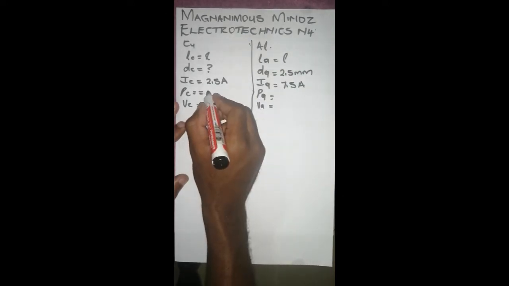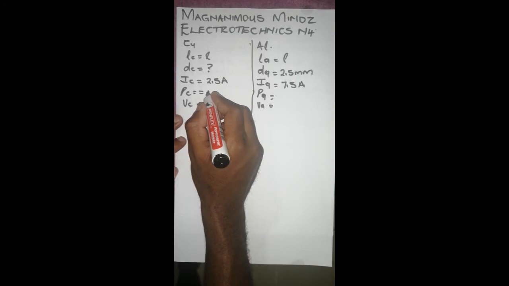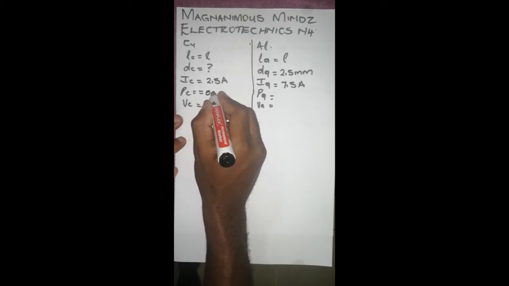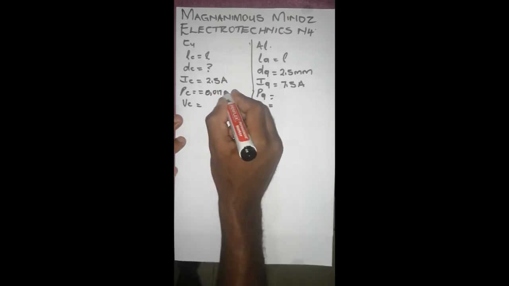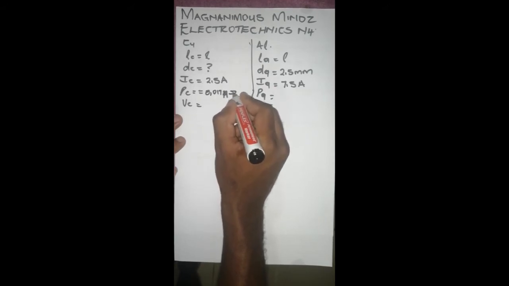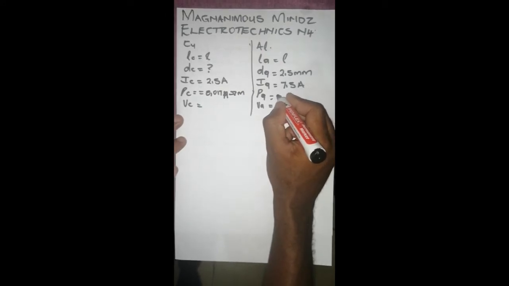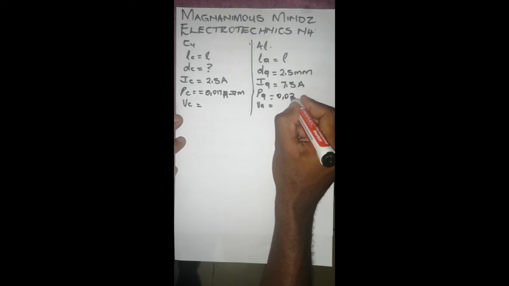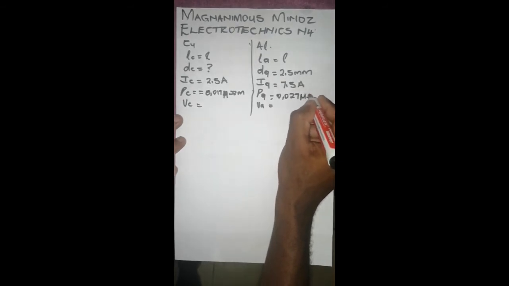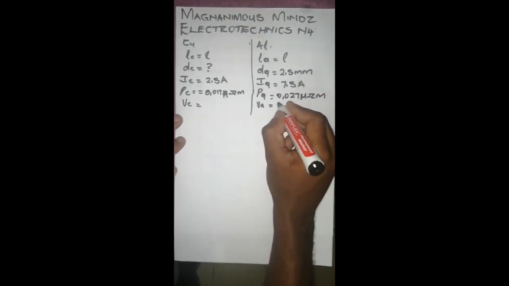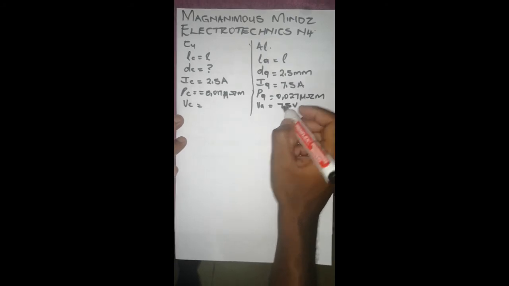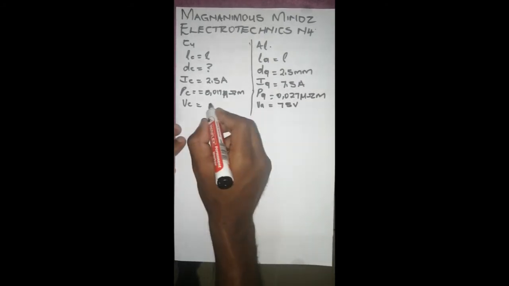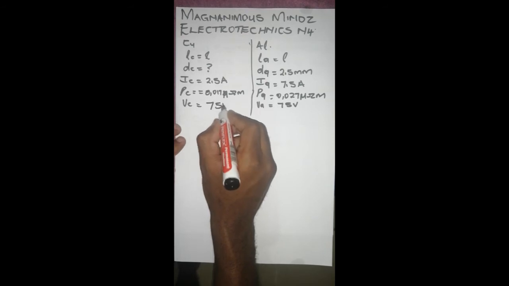Then here the resistivity coefficient of copper is 0.017 micro ohm meters, and for aluminum it's 0.027 micro ohm meters. Voltage is 75 volts, and this side it's also 75 volts.